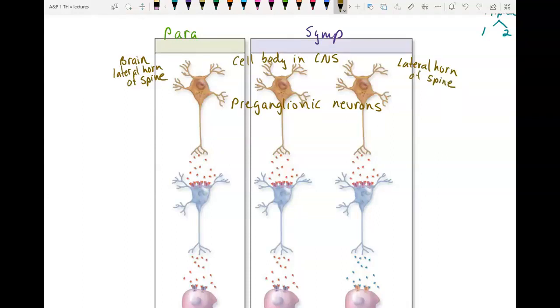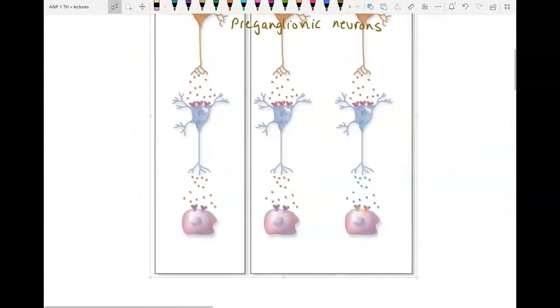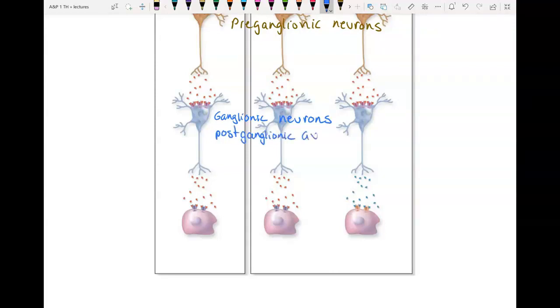Okay, then we have our axons that go out, and we synapse here with our ganglionic neuron, that have postganglionic axons. So if you don't remember these terms, take a minute and go back to when we took notes on this. Then down here at the bottom, we have our effectors.